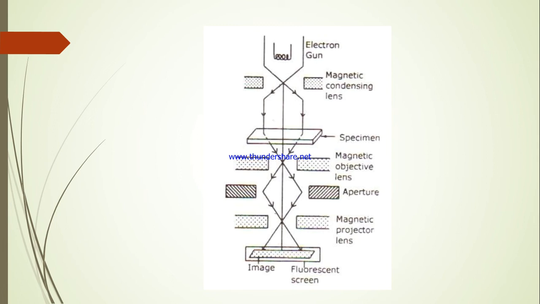In the scanning electron microscope, the sample is at the bottom, that is, after the condensing lens the sample is placed, whereas in the transmission electron microscope the sample is placed between the condensing lenses, nearby the electron gun. When the electrons pass through the sample, the transmitted electrons are collected by the receiver or detector, and then the images are obtained.